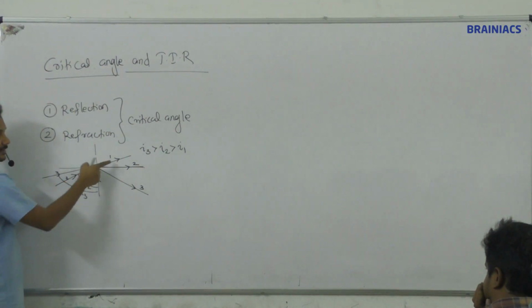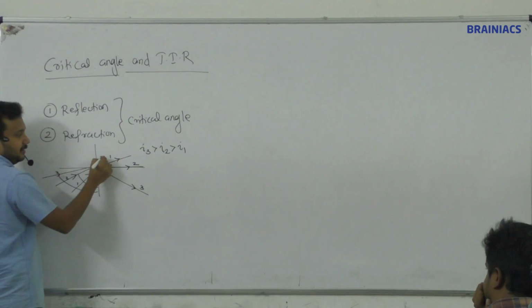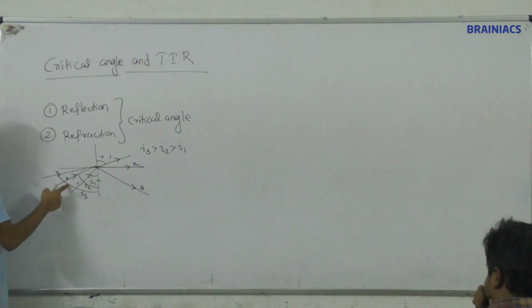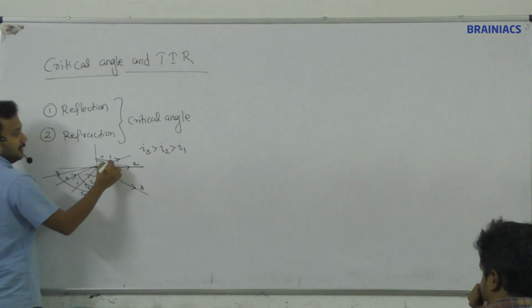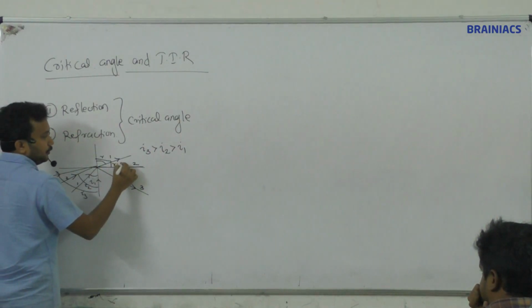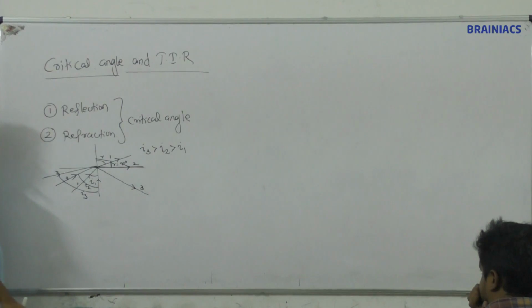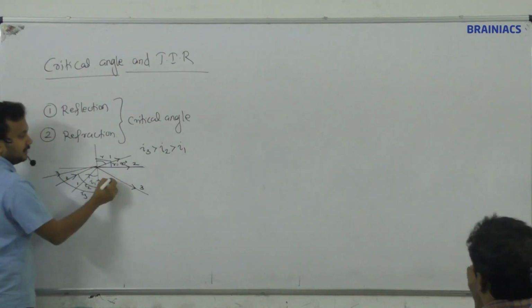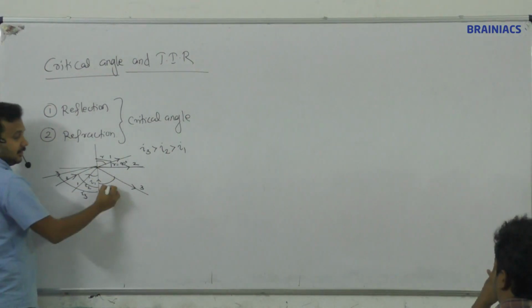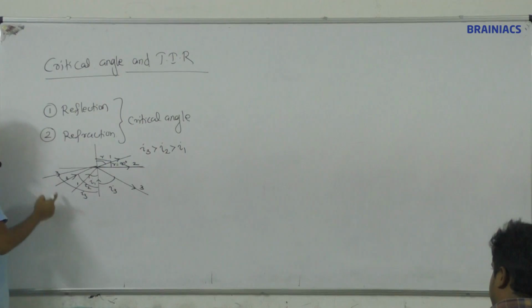Okay. So I1 is given, what is happening here? Refraction. When I2 is given, what is actually happening here? Still there is refraction, but the angle of refraction is equal to 90 degrees. Okay, but if you are giving I3, then there is no angle of refraction, but instead what is coming to picture? Angle of reflection. Angle of incidence is equal to angle of reflection.